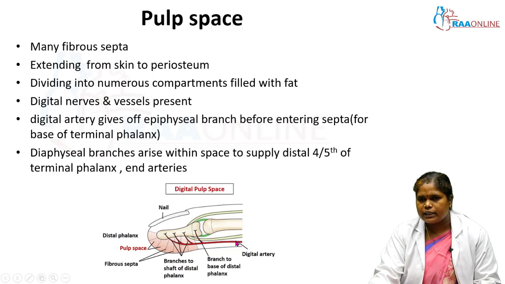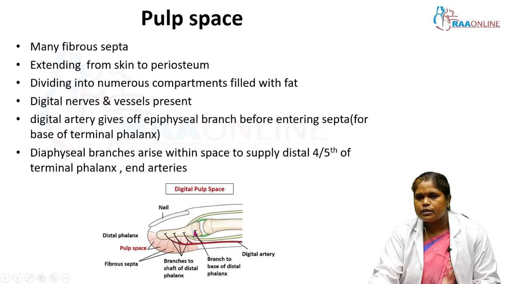See here, you can see a digital artery, and this digital artery going to enter into the pulp space and divide into branches to supply the distal phalanx. So, now the distal phalanx will have the base of the distal phalanx, shaft and head of the distal phalanx. Okay. See here, the base is not contained within the pulp space.